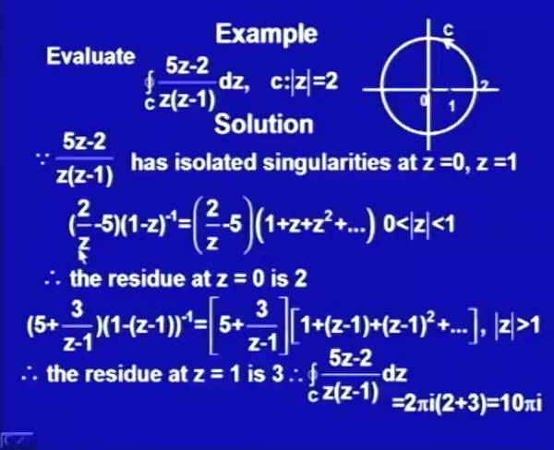Here I had used the first way of finding the residue at different isolated singularities, using the Laurent series method. Since we have learned many other methods of finding residues, do they simplify our calculations? Let us see with the help of the same example, because this example we have done. So, let us do this same example with alternative methods.